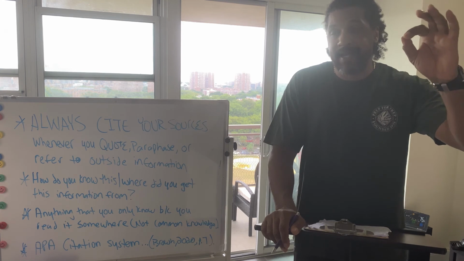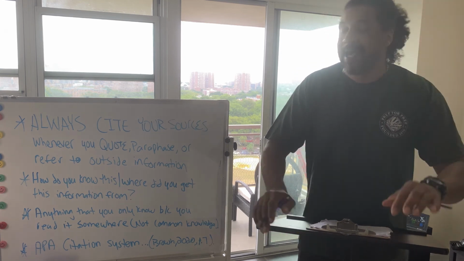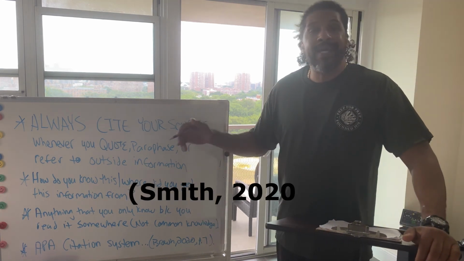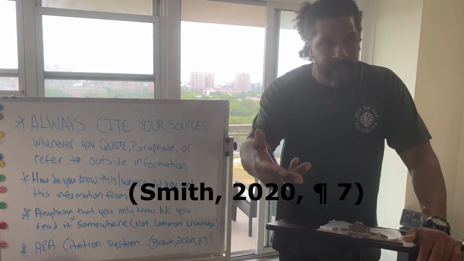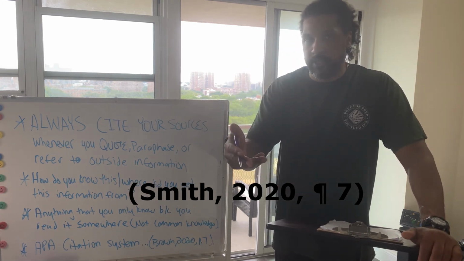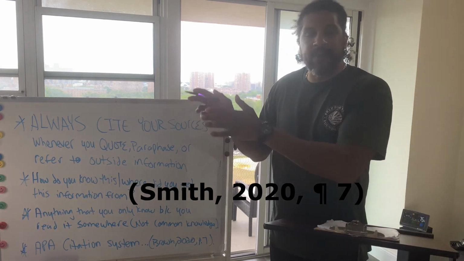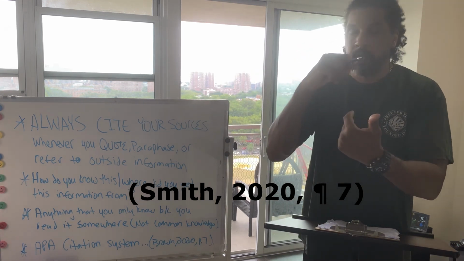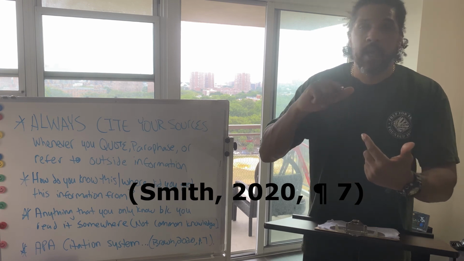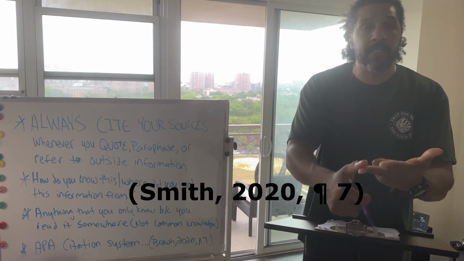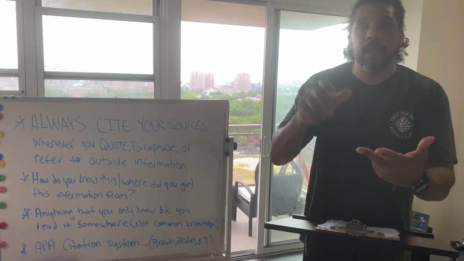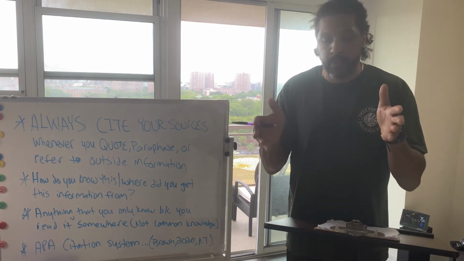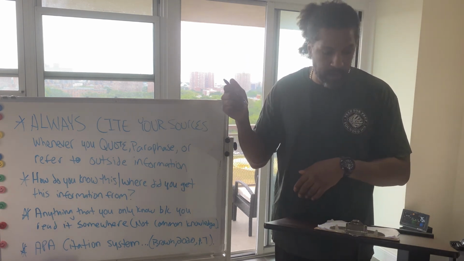You will have to count the individual paragraphs, and instead of the page number, indicate what paragraph that quote appears in. So in this case, if there are no page numbers, it is author's last name, year it was published, and then the appropriate paragraph number, and then the close parentheses, punctuation mark.